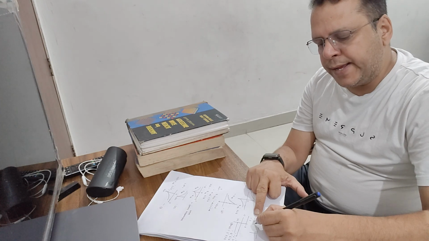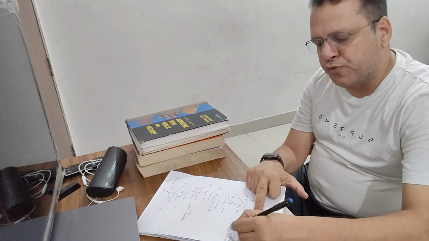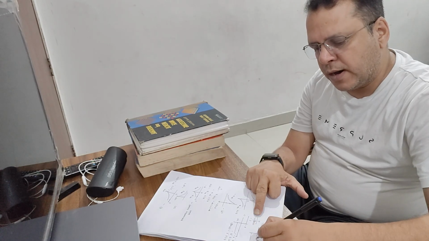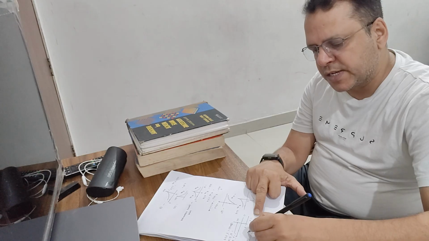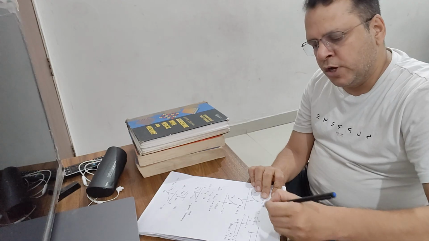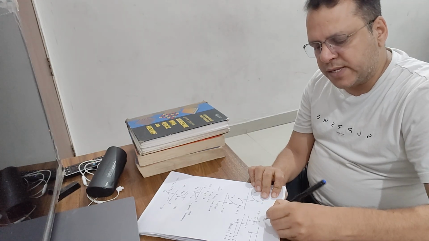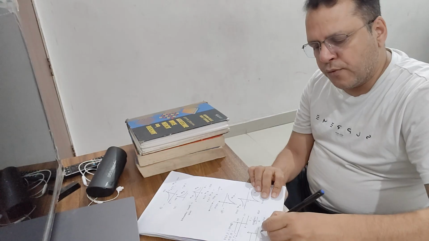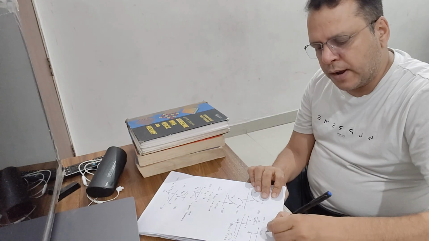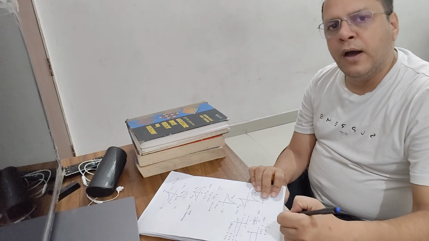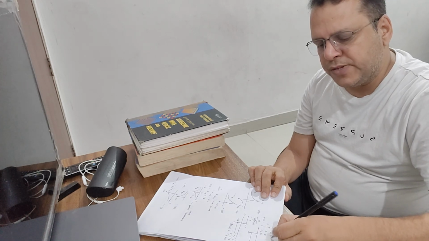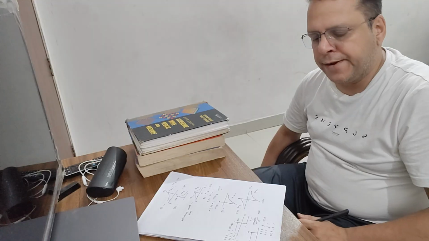And for t greater than 0, signum of t is 1, so 1 plus 1 by 2 becomes 1. This is known as unit step pulse. So unit step pulse is defined as 1 for t greater than 0, equal to 1 by 2 at t equal to 0, and 0 for t less than 0.